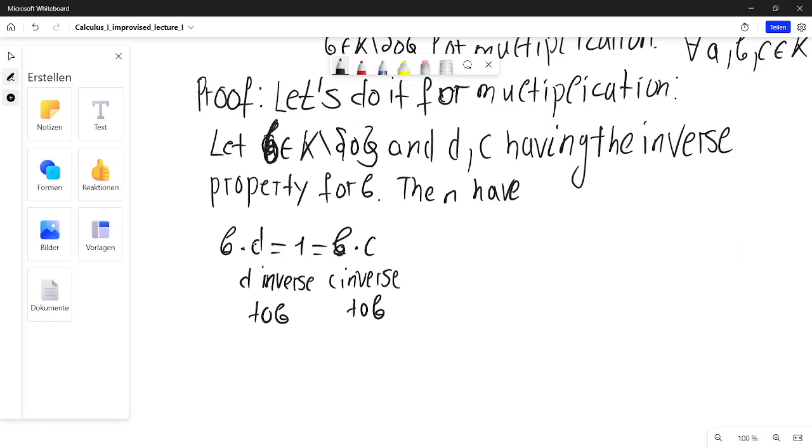And now, well, if we have an equal thing and we just multiply by an equal thing, of course the equality stays the same, right?